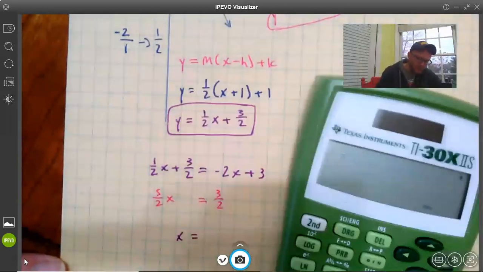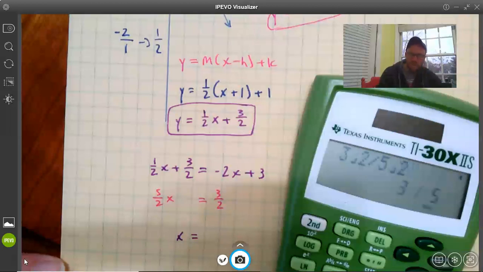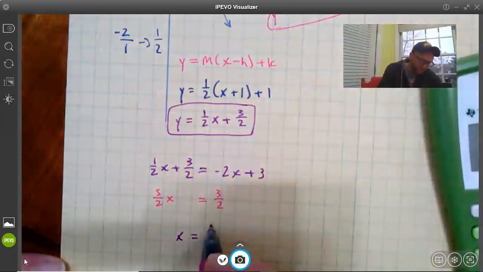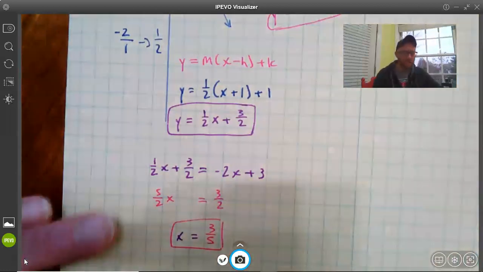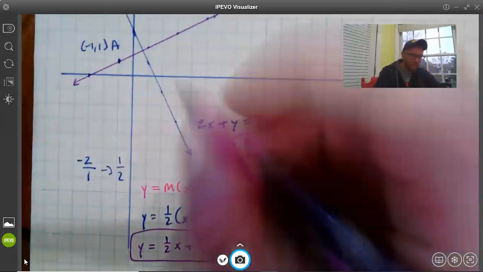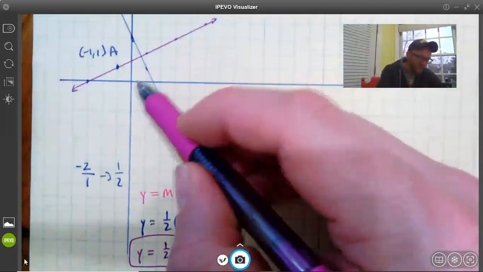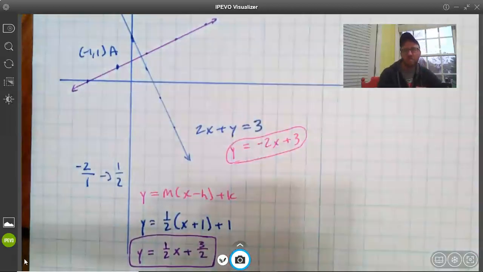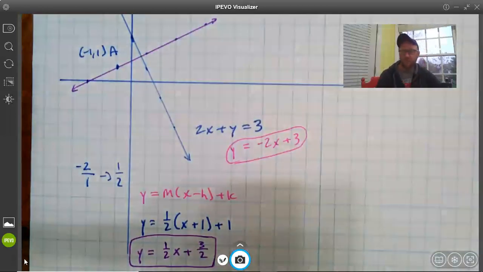I would go 3 over 2 divided by 5 over 2 gives us 3/5. x equals 3/5. And I always like to go up here and double check. Our point of intersection is between 0 and 1, and it looks like it's closer to 1 for the x value, so I'd say we're right on there.